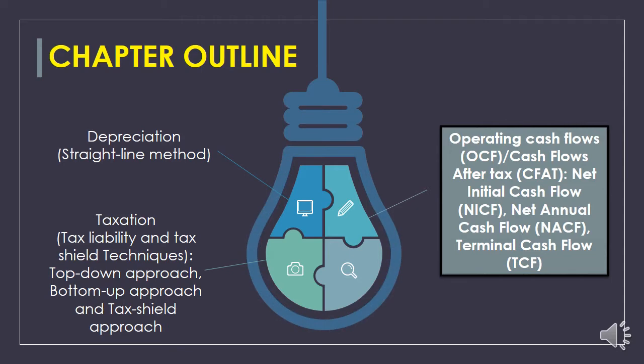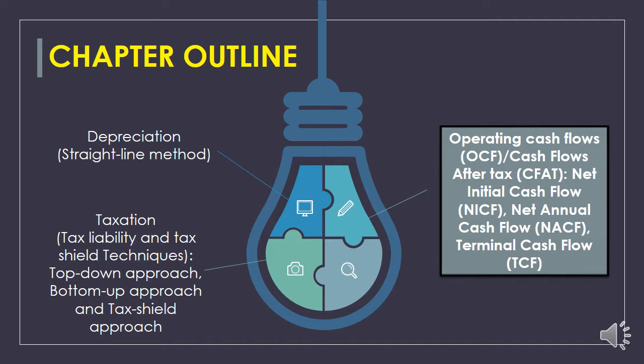Chapter Outline. There are 3 topics that we'll cover in this chapter. The first topic is depreciation under the straight line method. The second topic is taxation, tax liability and tax shield techniques. The techniques are the top-down approach, bottom-up approach and tax shield approach.